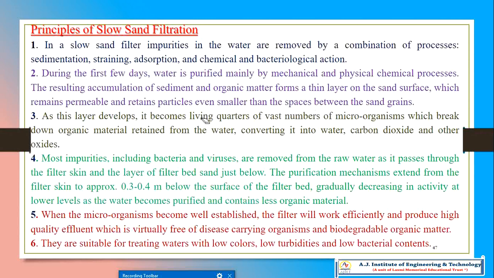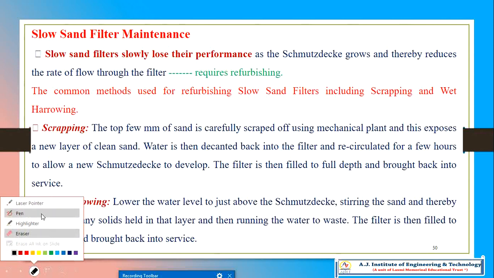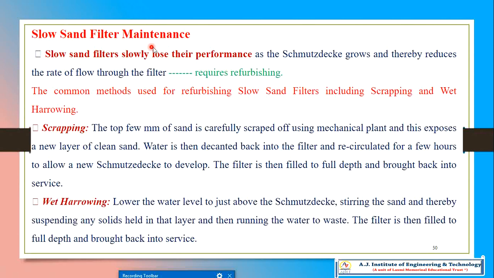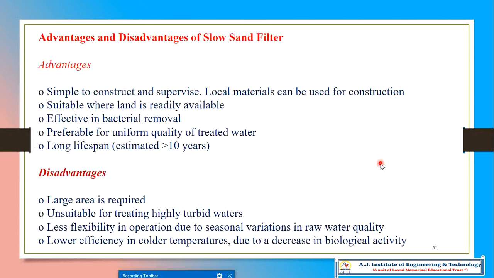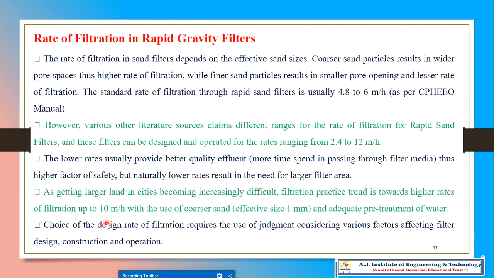So now in today's part 6 video, we have taken slow sand filter maintenance, how to maintain, that is scraping and wet harrowing, and advantages and disadvantages of the slow sand filter. And we came to the rapid sand filter, the rapid gravity filter, where single media materials, dual media filters, and multi-layer filters are used.